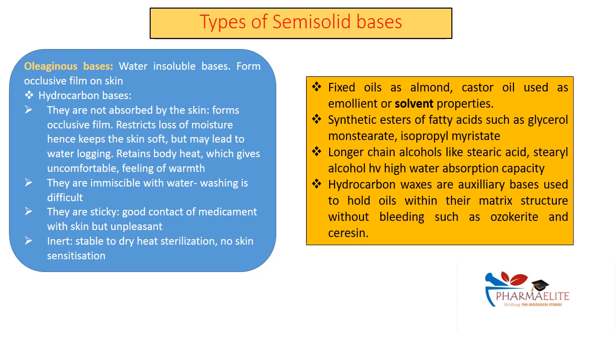Your synthetic esters of fatty acids such as your glycerol monostearate and isopropyl myristate. Your isopropyl myristate is one which is being used to a very great extent in industry for your creams. So IPM is one such material which is being used to a great extent.